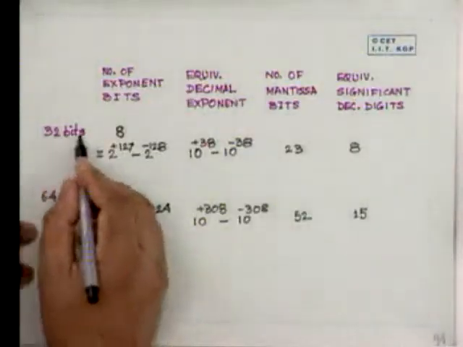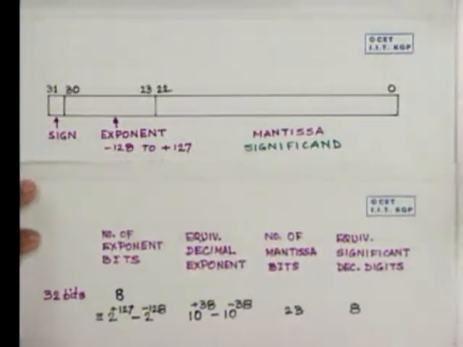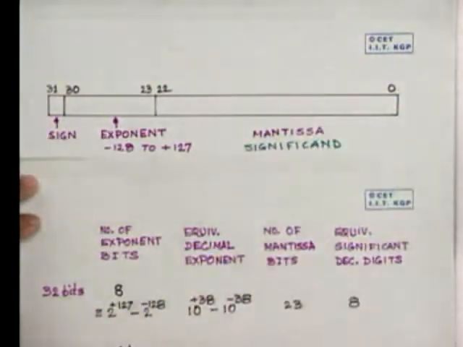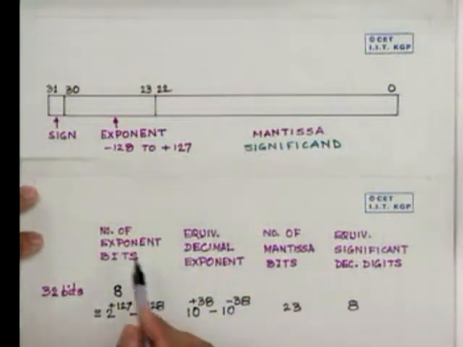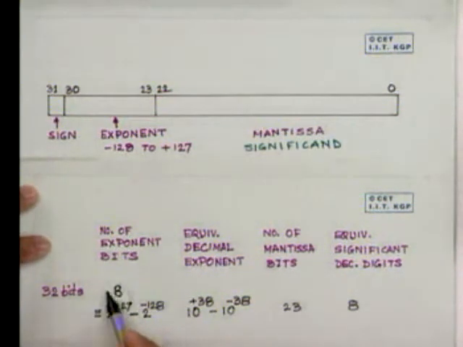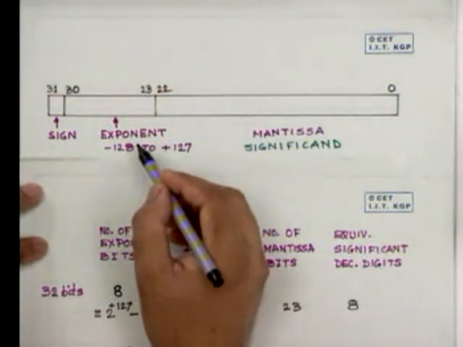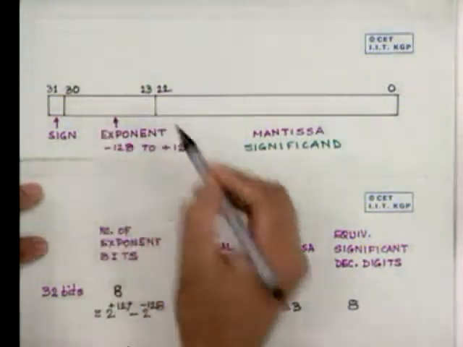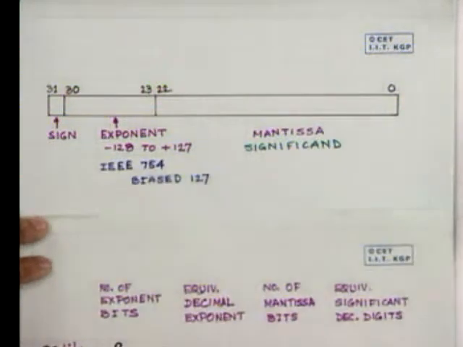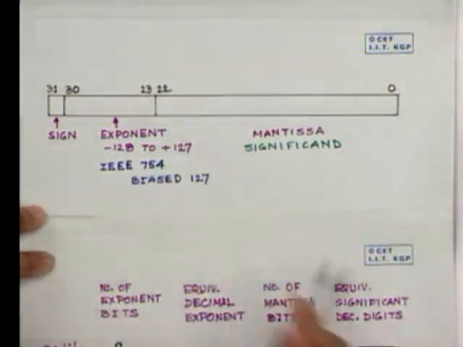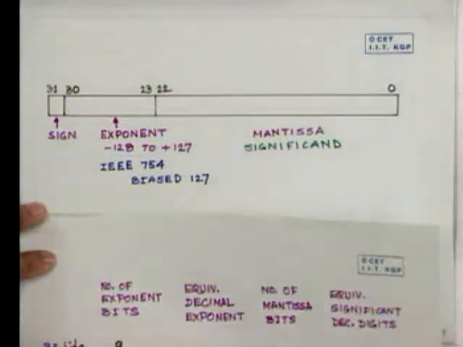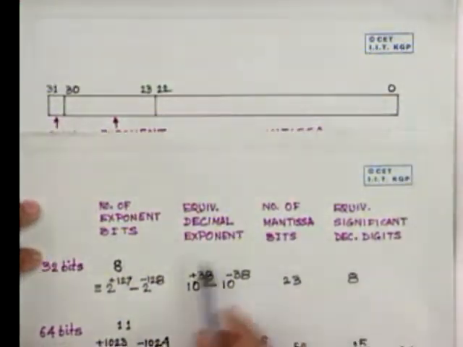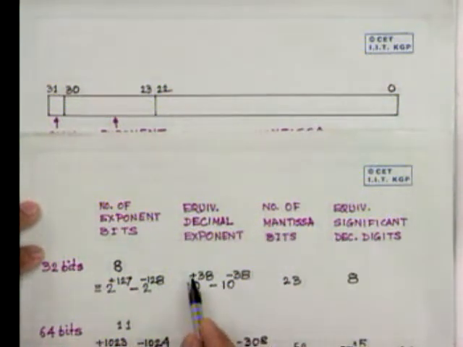If we assume that we have a 32-bit number, as is the situation here, and we use the number of exponent bits to be 8, either in 2's complement form or in biased 127 form in the IEEE 754 standard, then the equivalent decimal exponent that you can represent is 10 to the power plus 38 to 10 to the power minus 38.